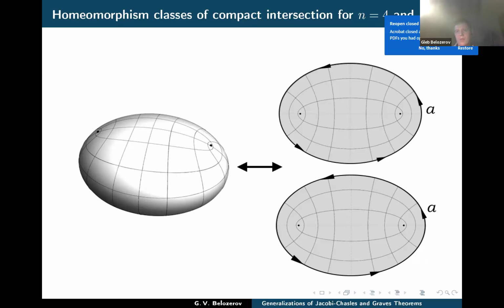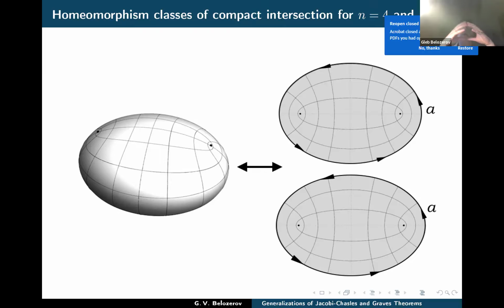It's not interesting. So let's consider the four-dimensional case and two confocal quadrics. We consider only compact intersections. It is equivalent to one of the fixed quadrics being an ellipsoid.